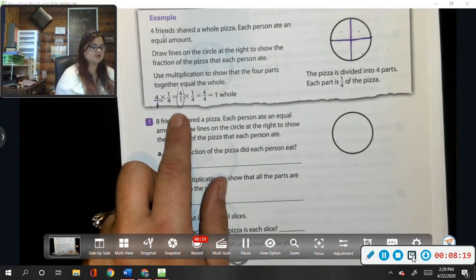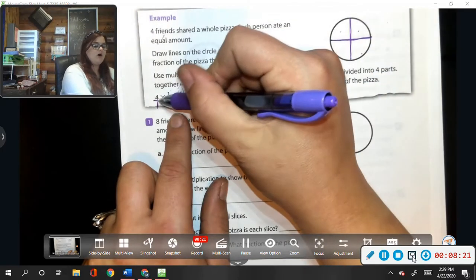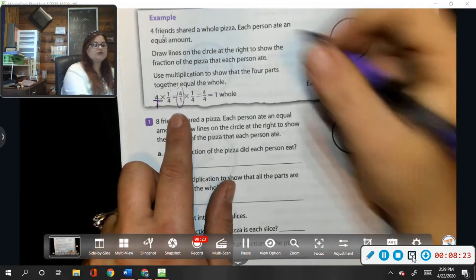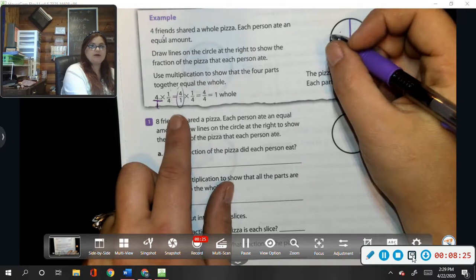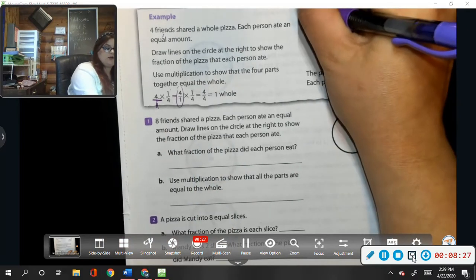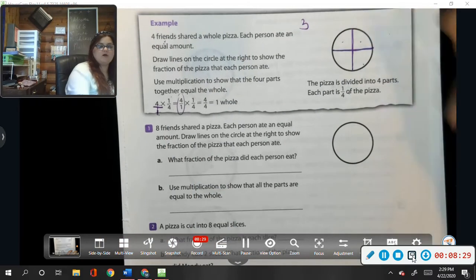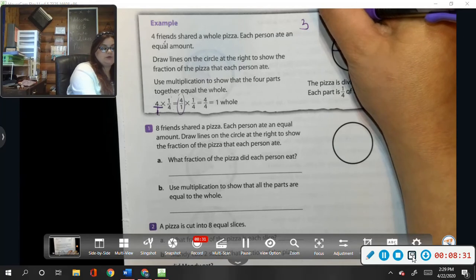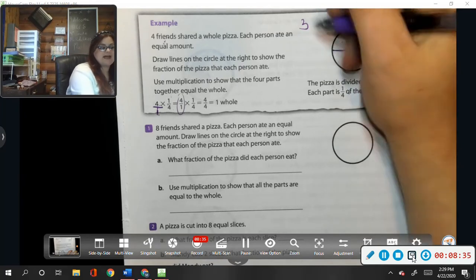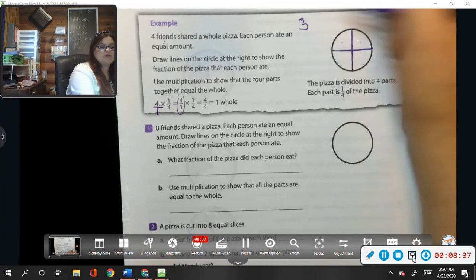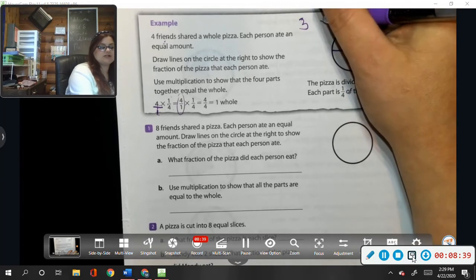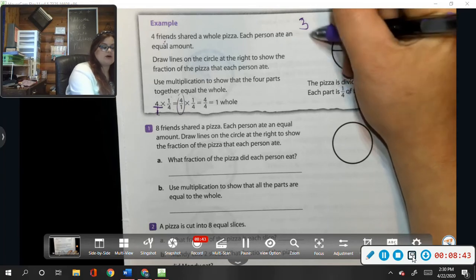Remember back when we were really working with fractions, when we have a whole number, we can assume that there's a 1 below it. So if I had 3 and I wanted to add it to, let's say, well, let's not even look at adding. If I just had the number 3, remember fractions are just a way to represent division.